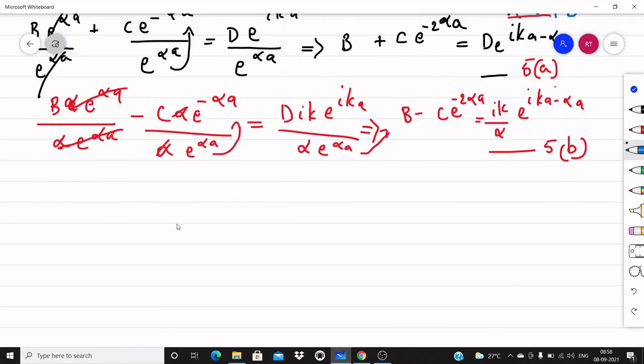So adding 5a and 5b, let us add these two.